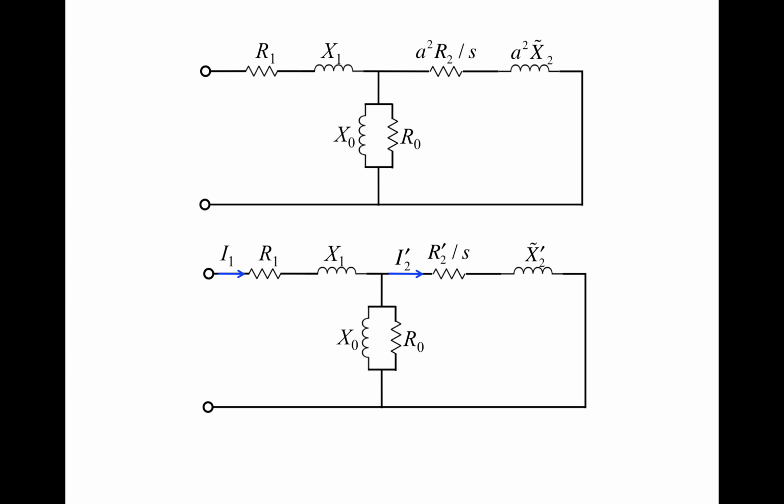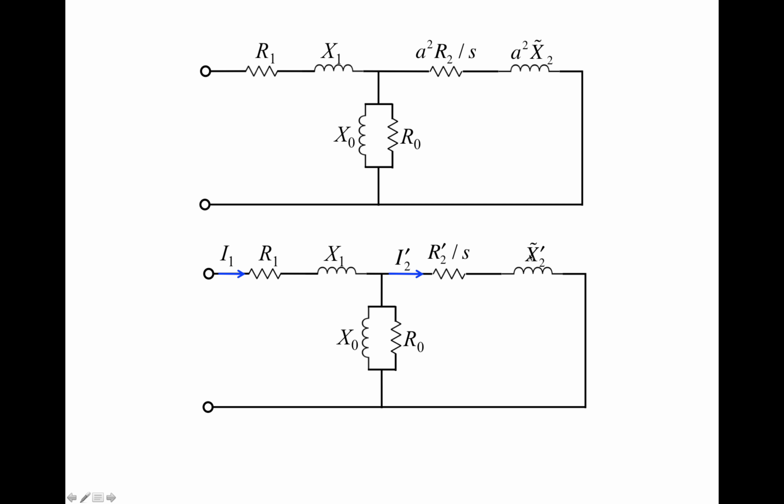In the literature, a common practice is to represent the apparent impedances that account for the effects of turns ratios with a prime. So here we have replaced A squared times R2 with R2 prime, which accounts for the effect of the turns ratio. And we have replaced X2 wiggle times A squared with X2 wiggle prime.